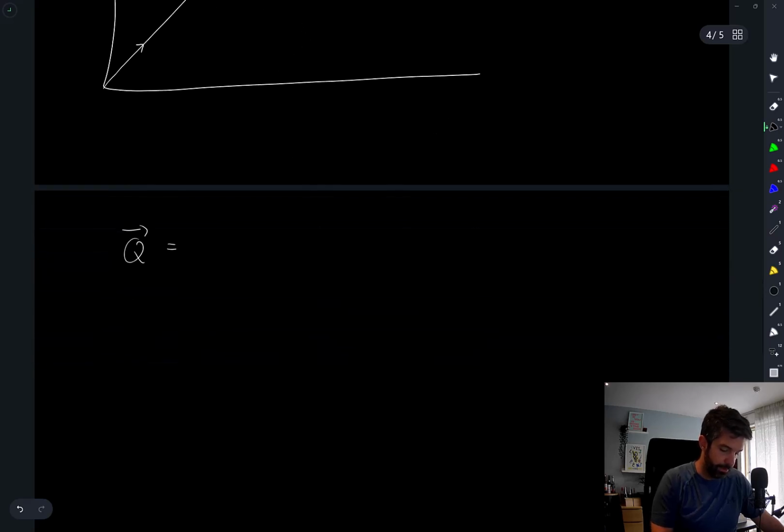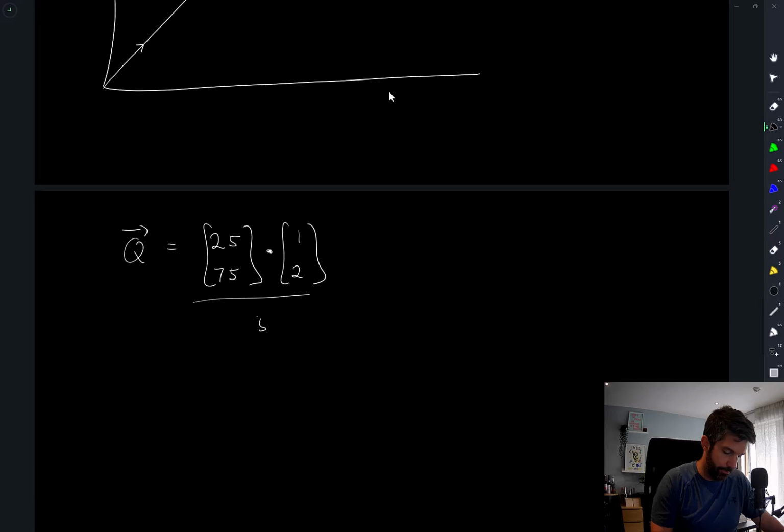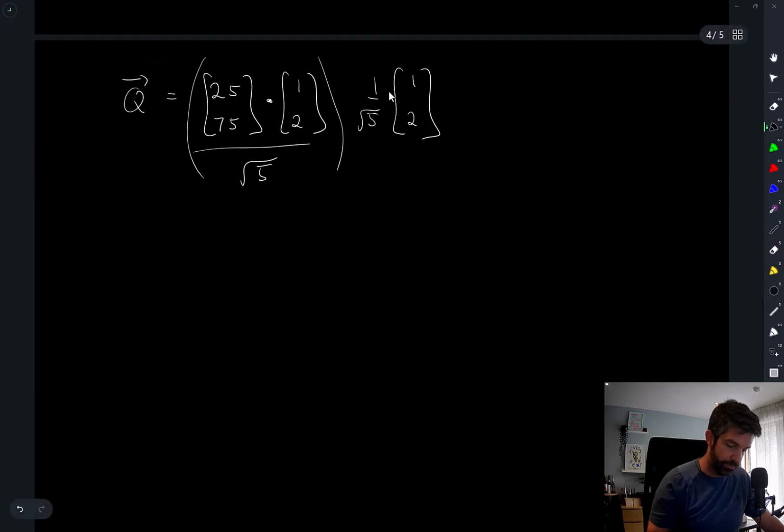So Q is equal to the vector. I'm going to use columns. They're more intuitive to me. This dot (1, 2) divided by root 5. That's the magnitude of Q. And we have to move in the direction of (1, 2) over root 5, not in the direction of that unit vector.